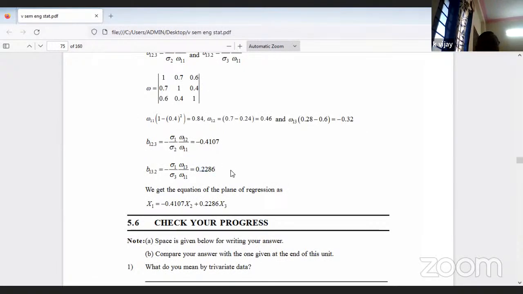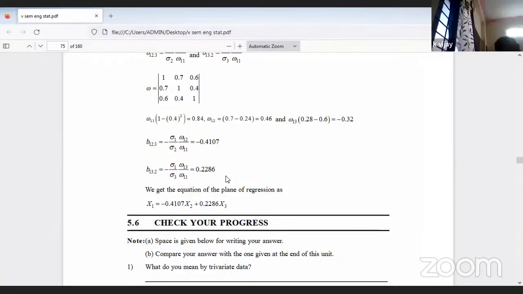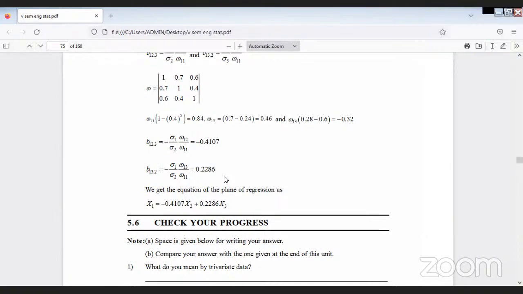Cross check it. Correct, sir. 0.228. Very good.